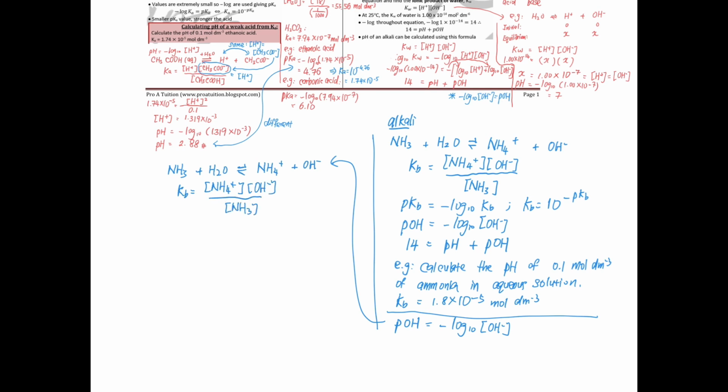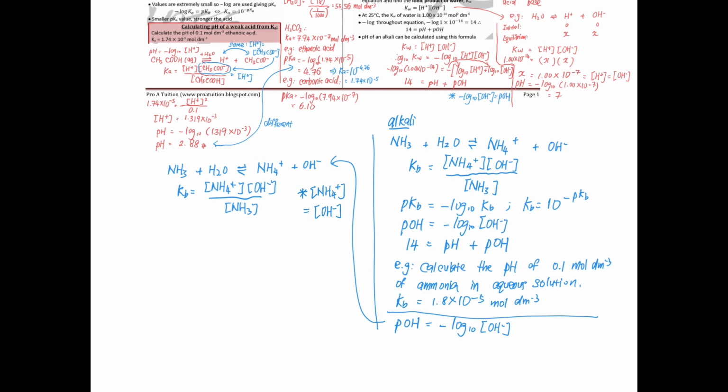Again, the problem here is we have to know that these two ions are in the ratio of 1:1. From the chemical equation, we know this is 1:1. That means the concentration of ammonium ions is the same as the concentration of hydroxide ions. So I put a mark here: concentration of ammonium ions is equal to concentration of hydroxide ions.